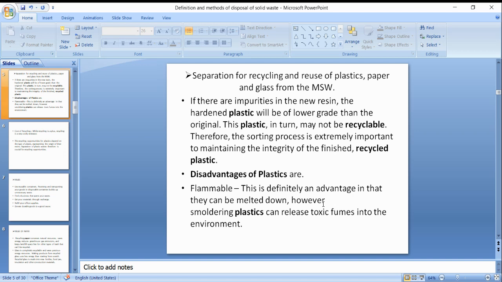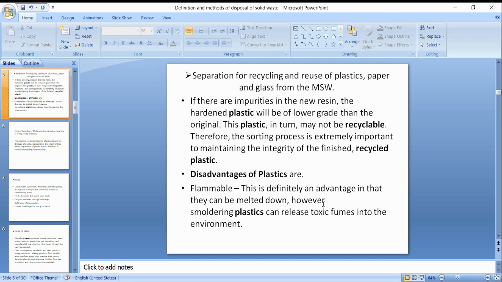Before separating all this, we will just wash it out, and the washed materials will come into a large farm, you can say, where this waste is to be cleaned.